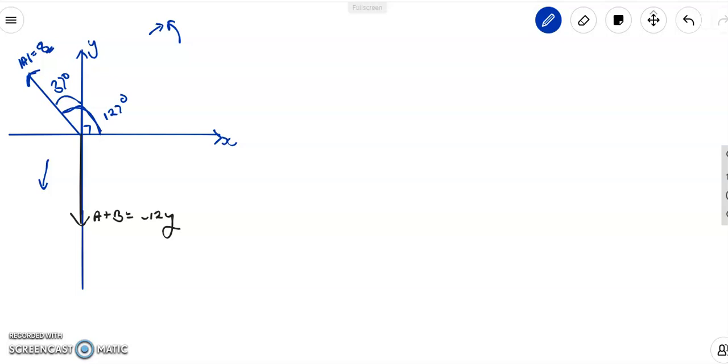So the first thing that we're going to do is the same as we did in the other video. I'm going to write down A in its vector form, Cartesian form. The x component of A is negative because it's going to the left, and its y component is positive because it's going up.